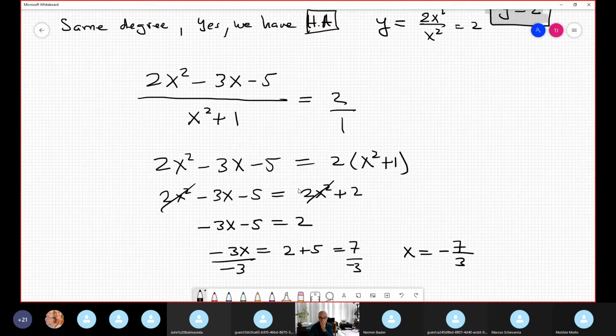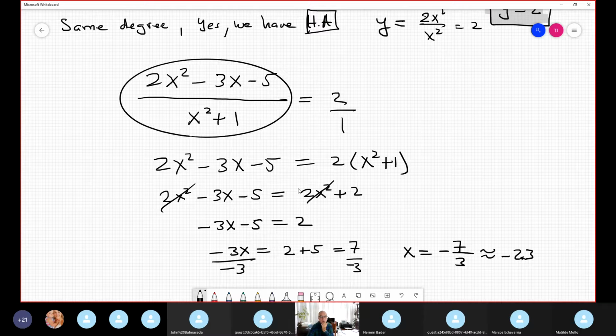x is equal to minus 7 over 3. So at the point negative 7 over 3, which in decimal is approximately negative 2.3, is the point in which this curve crosses the horizontal asymptote. By the way, it crosses because the y value is 2.